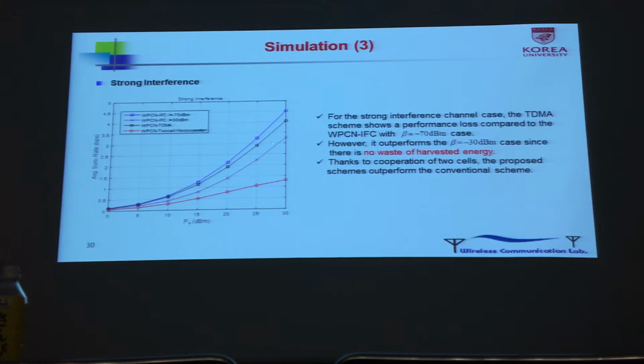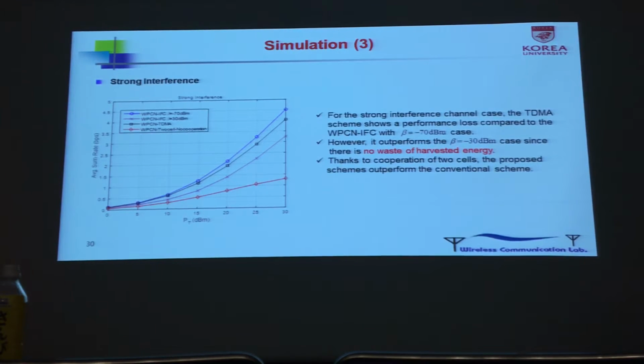We can see that this red curve shows that if two cells operate completely independently without any cooperation, each cell optimizes the performance based on its own channel without considering the other cell's operation. Compared to this, by taking into account the other cell's operation, we have a substantial gain.